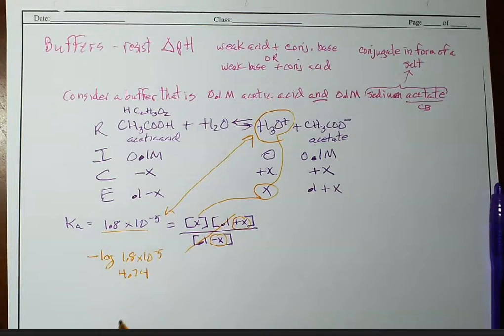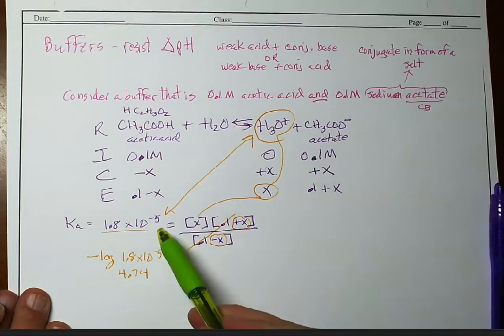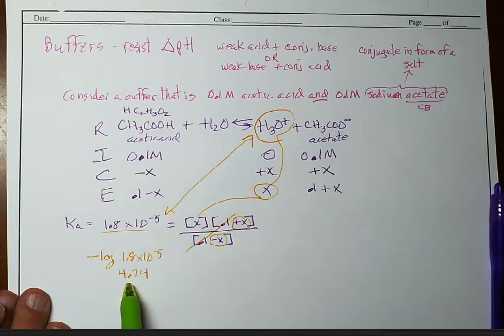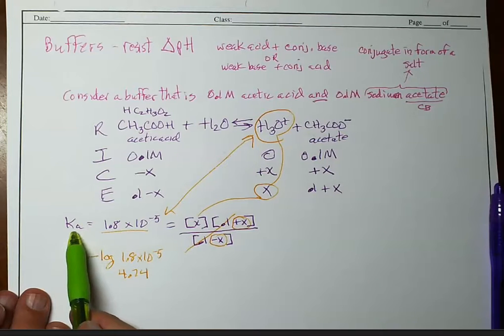Now, there's our pH. But let's look at another aspect to this. When we took the negative log of 1.8 times 10 to the minus 5, because it was the hydronium ion concentration, we were also taking the negative log of Ka.